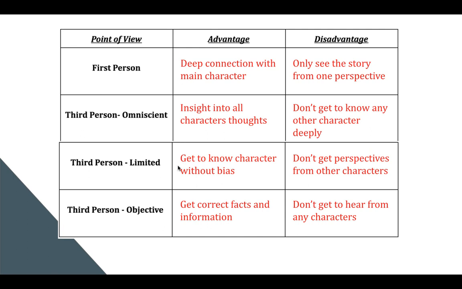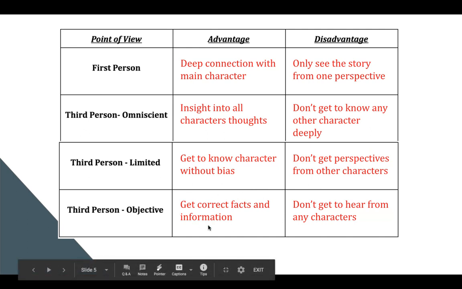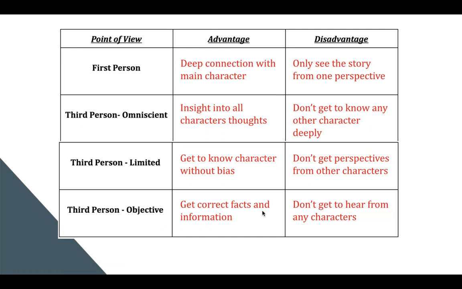Third person limited is similar to first person because you get to know one character well, in this case without any bias because it's an outside narrator. But again, you don't get the perspectives from the other characters. And then third person objective, you get all the facts, all the information. It's quick paced, but you don't get to hear from any of the characters. You don't get any emotion or thoughts, which can make the story harder to connect to and harder to connect with the characters.